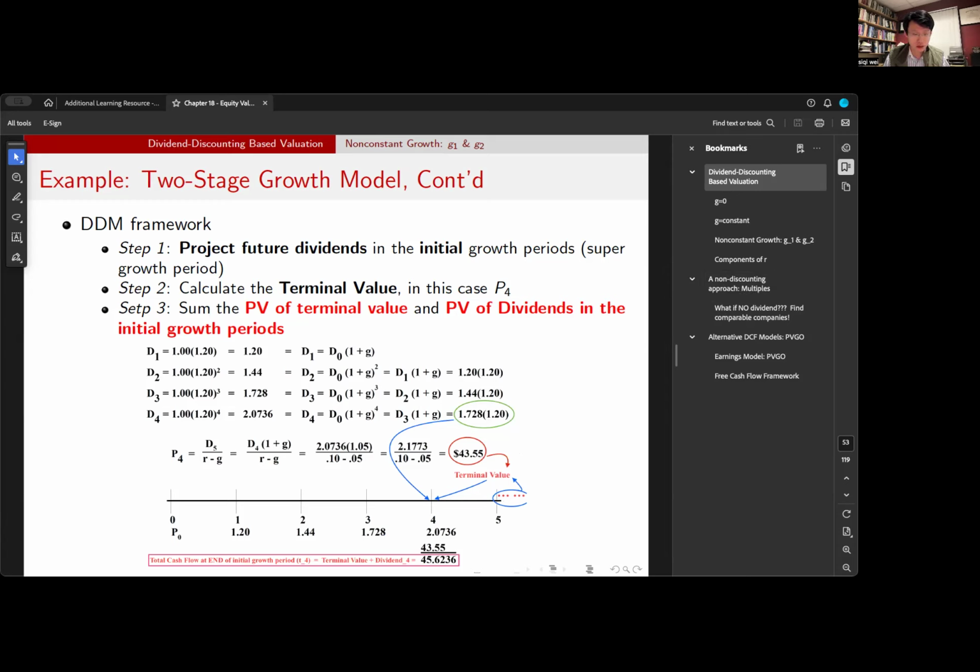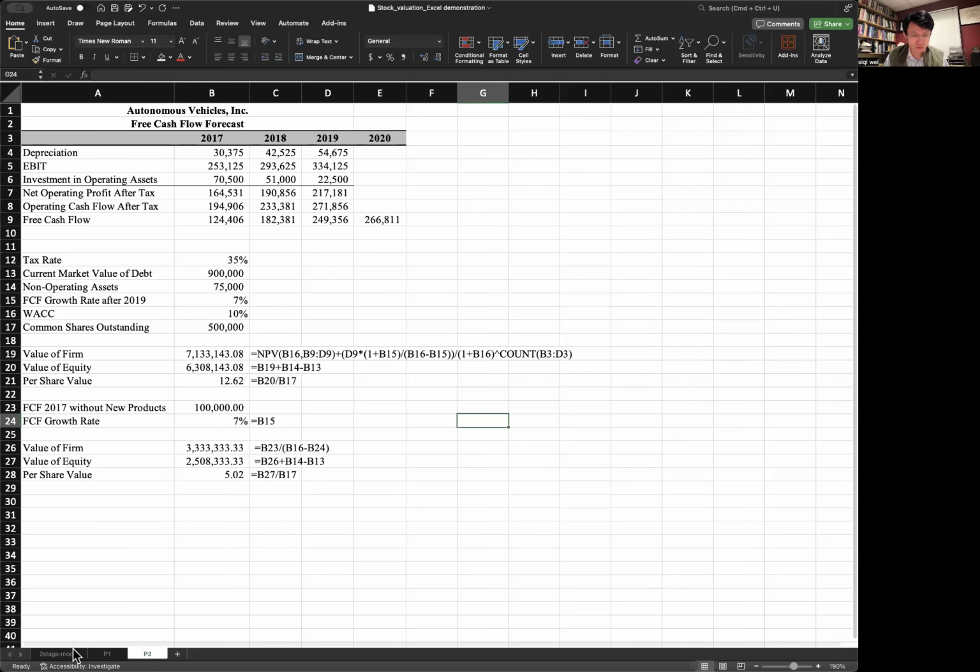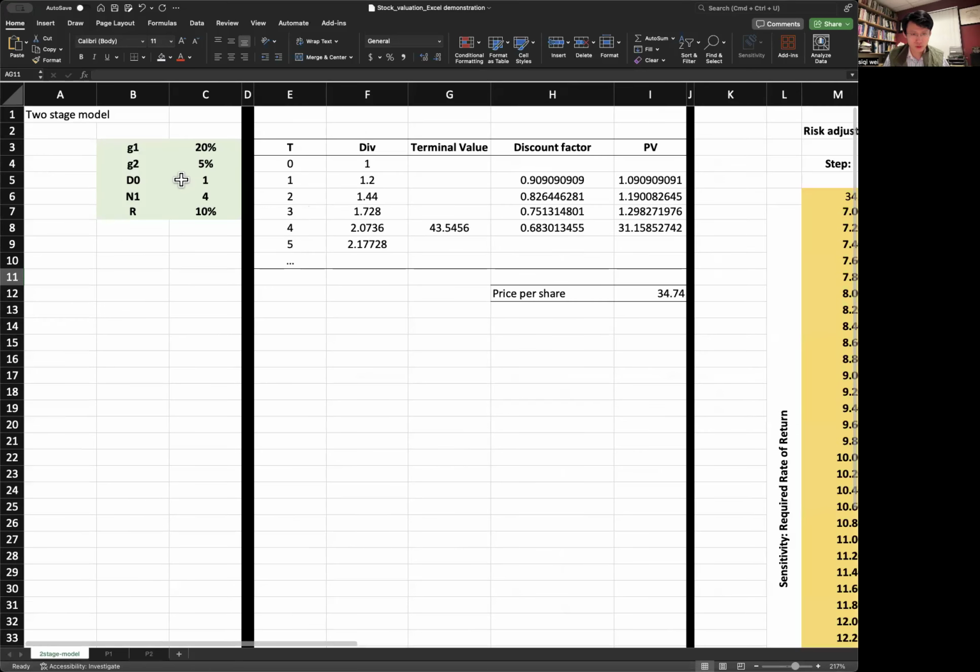Now, on Canvas, I shared with you guys an Excel spreadsheet. Let me share with you the spreadsheet real quick. So the first stage growth rate is given, 20%.